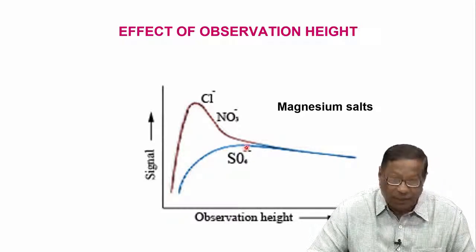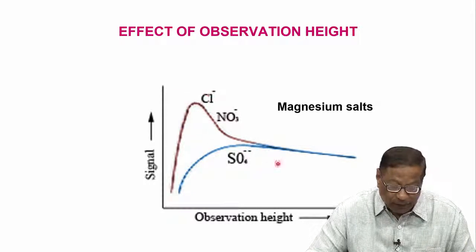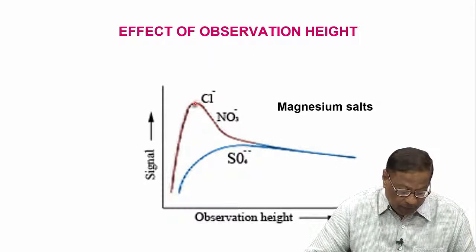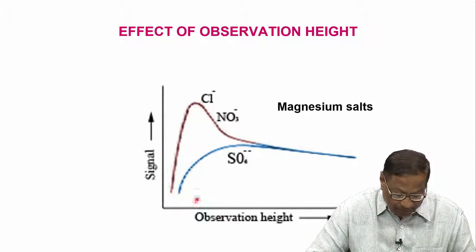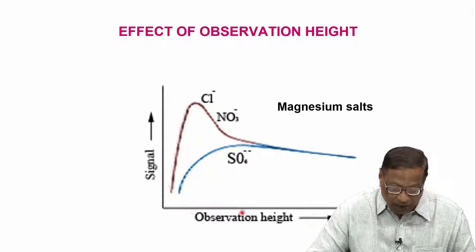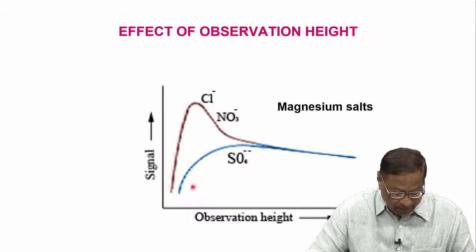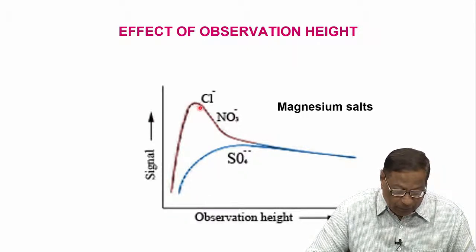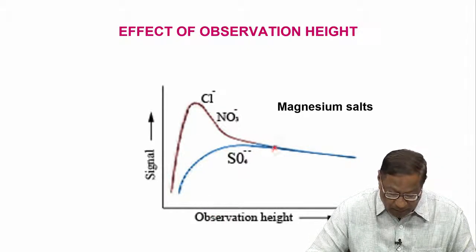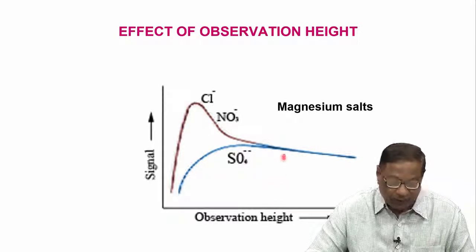So, here the optimum reading is around this range, but for chloride the sensitivity is almost double, but the observation height is also about half of the sulphate observation height, about here. Okay. Maximum chloride corresponds to half of the observation height.